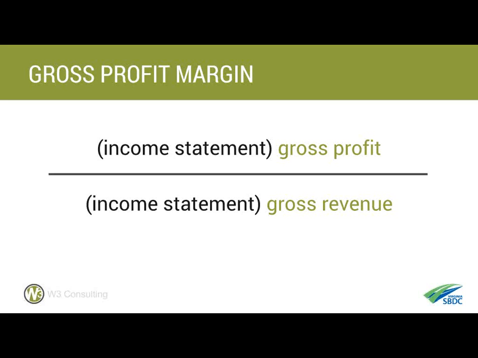Different industries have different gross profit margins, so you just have to pay attention to what those are. If you're in retail clothing, you probably want to have a 40% markup. If you are in the tech industry, we know that those are 80 to 85% markups. So they can be pretty different.